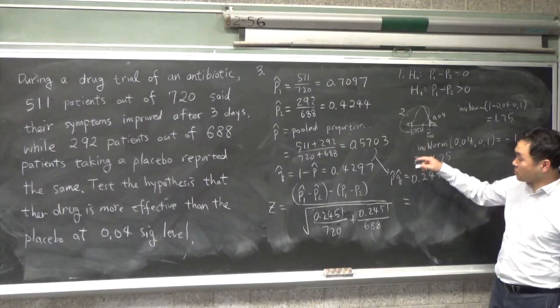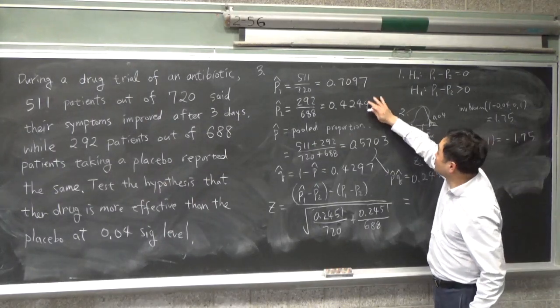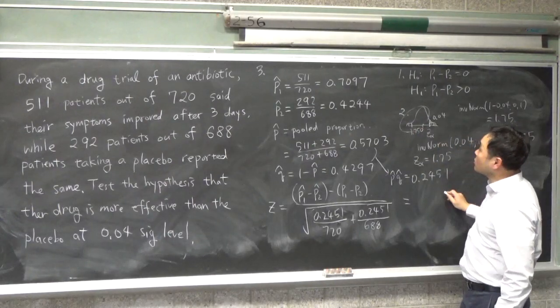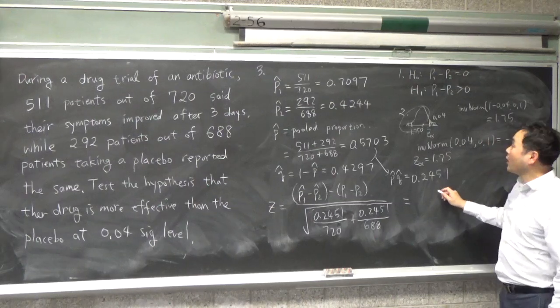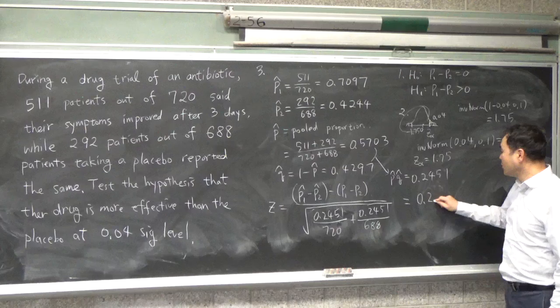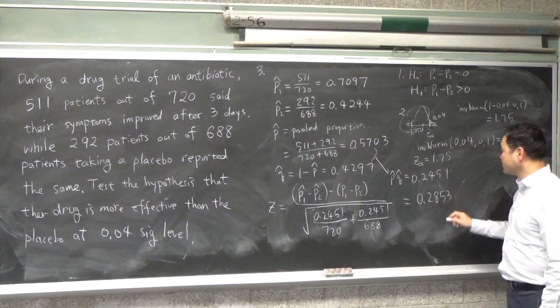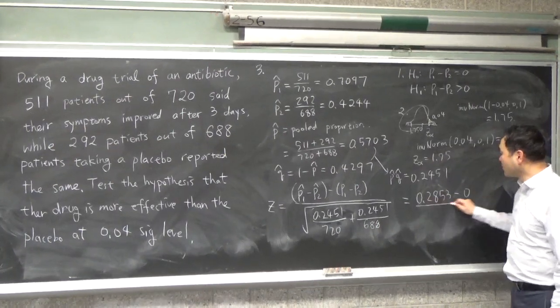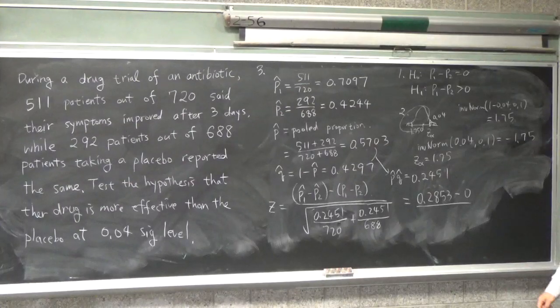Okay, so for the first one, we have to subtract these two. That's going to be 0.2853. So 0.2853 minus 0 divided by, what do you have? 0.0261.